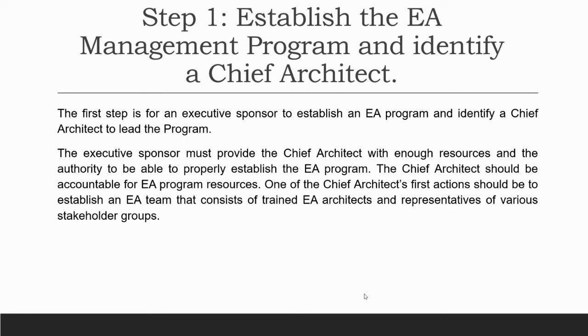It should also establish the EA team that consists of trained EA architects and representatives of various stakeholders. The executive sponsor must provide adequate resources such as budget, manpower, hardware, software, and facilities, which must be managed by the chief architect. So in other words, the chief architect is considered the team manager or team leader.